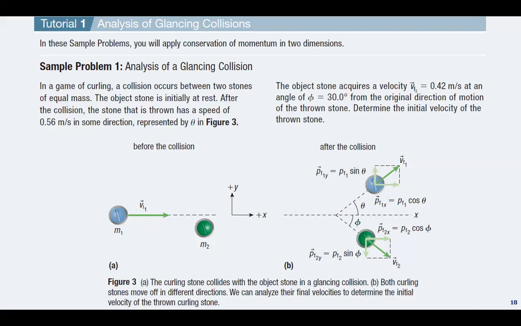The object stone acquires a velocity of Vf2, which is 0.42 meters per second, at an angle of phi equals 30 degrees from the original direction of motion of the thrown stone. Also, this is shown here in figure 3. Can you determine the initial velocity of the thrown stone?